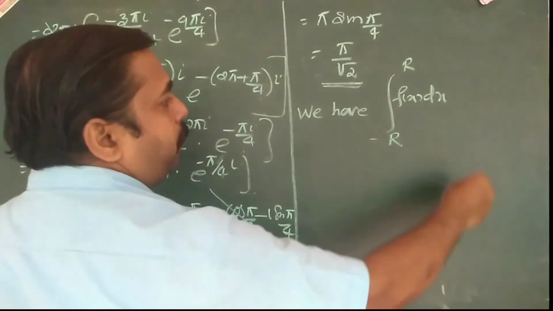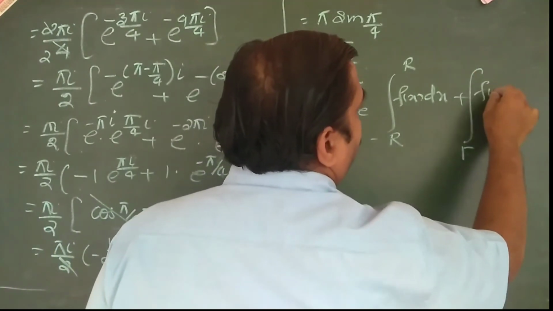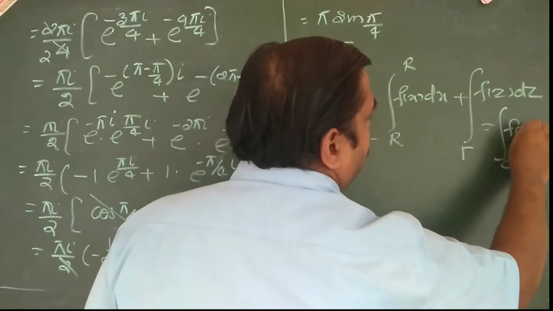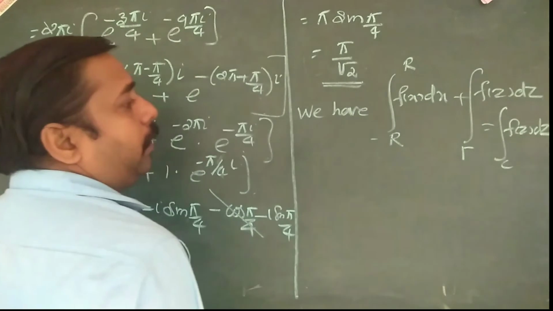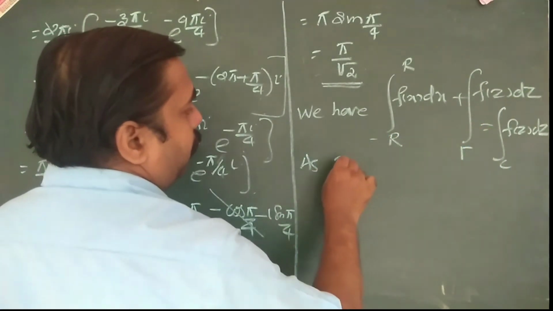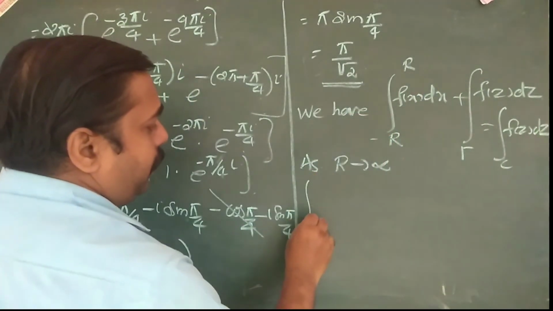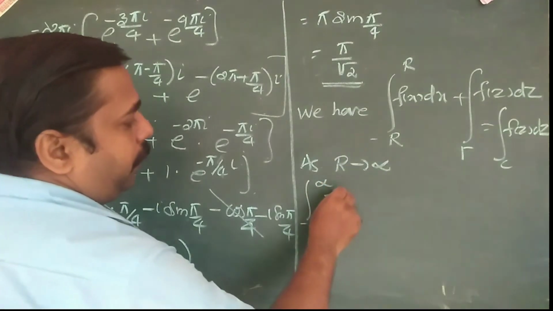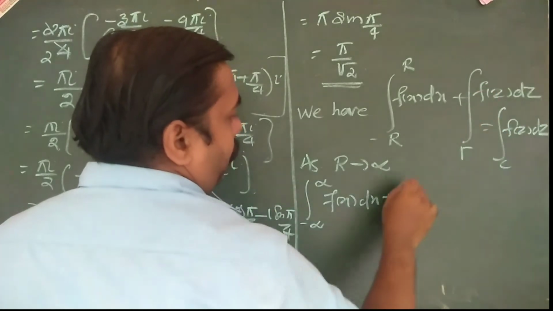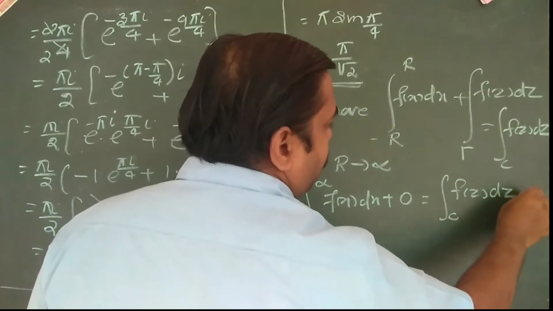Integral f of x dx plus integral f of z dz is equal to integral over c f of z dz. So this is the formula. So as r tends to infinity, this becomes minus infinity to infinity f of x dx, plus this value tends to 0, equal to integral over c f of z dz.